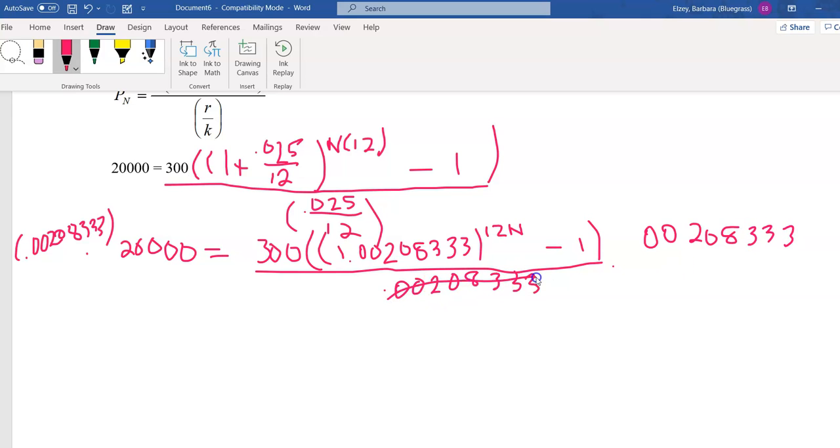So over here, this will cancel out. So let me see what that is. And it gives me 41.6666. Okay. Did I have this?